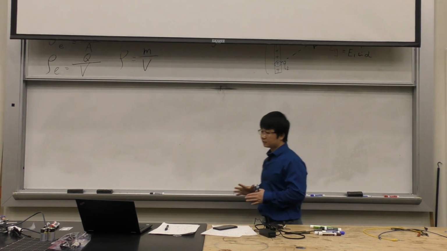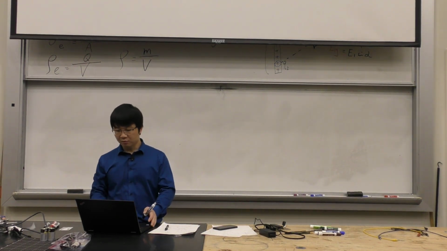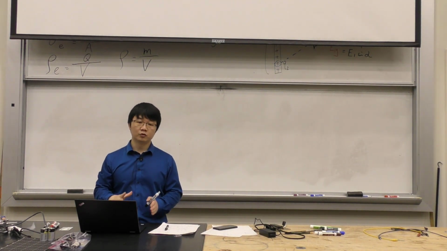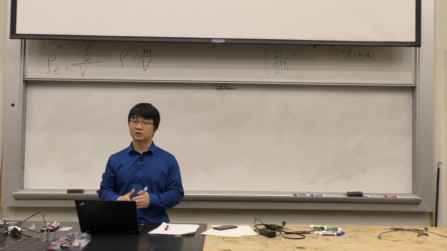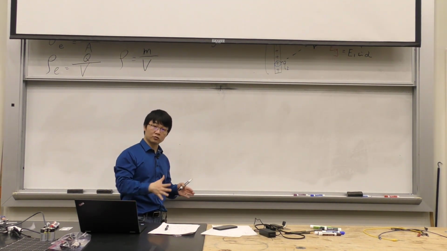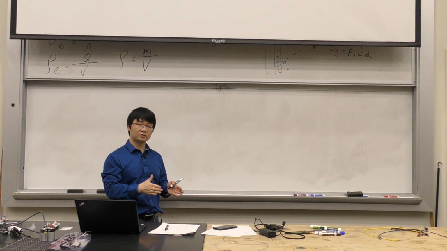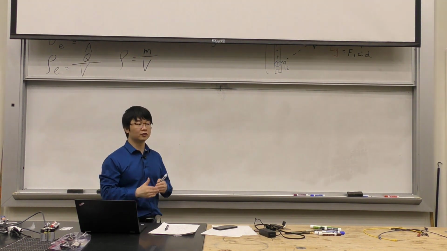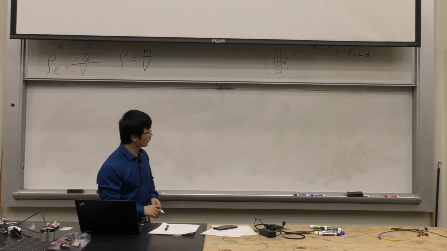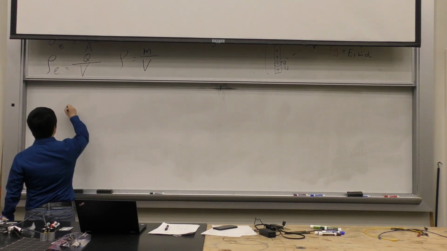In this class, in most of the problems, you can always use the symmetry to remove one of these components to make the integral go from a vector integral to a scalar integral. You only need to integrate the components in one direction. So that's our conclusion.